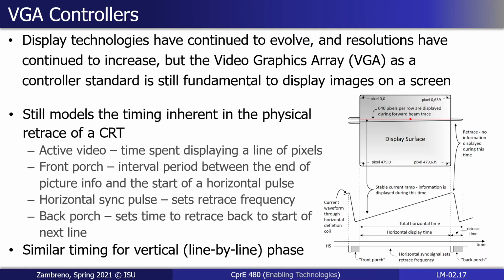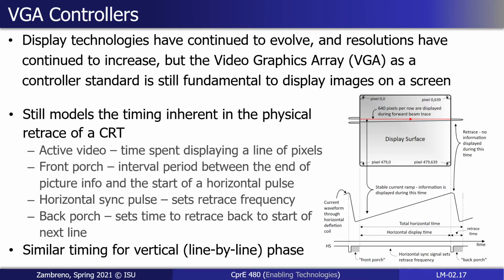It originally corresponded to what was physically happening in a CRT monitor, but we still take that timing information into account. So modern displays that use VGA controller circuitry accommodate different resolutions, and the way it works is that the controller circuit dictates the resolution by producing certain timing signals that control those raster patterns.